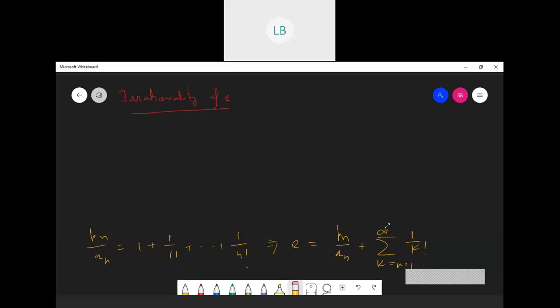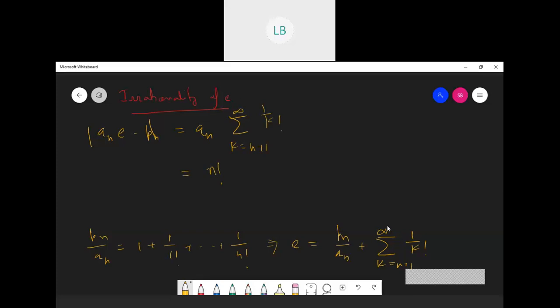So if this is the case, then let me just do the thing. By just algebraic computation, Qn times e minus Pn is equal to Qn times the sum over k equal to n plus 1 to infinity of 1 by k factorial, right? Now what is Qn? Qn is n factorial.